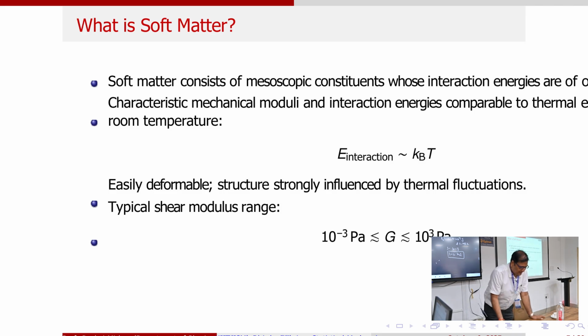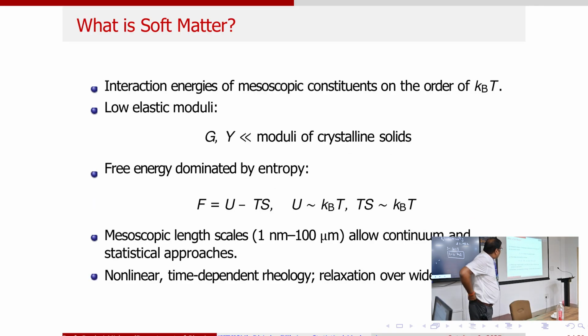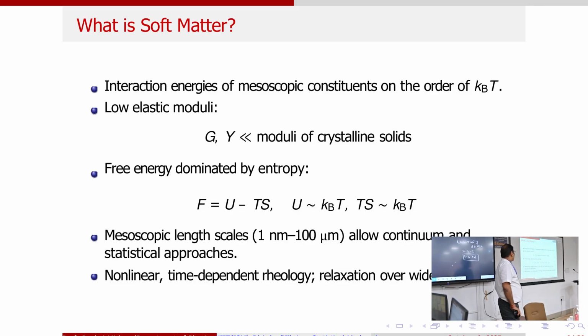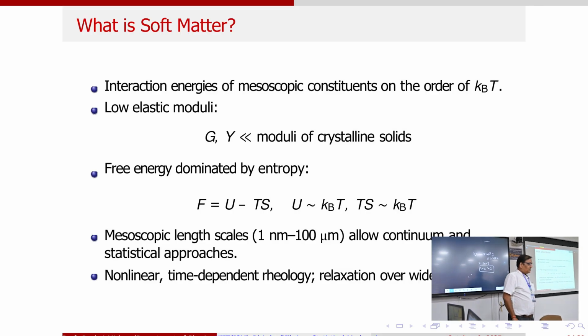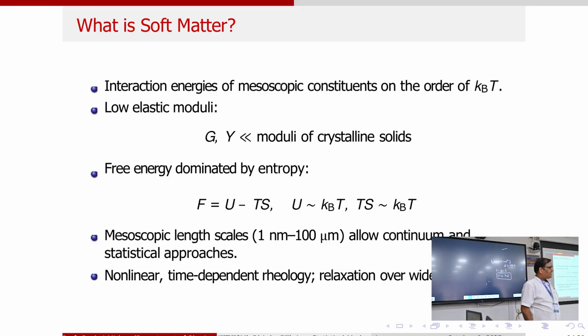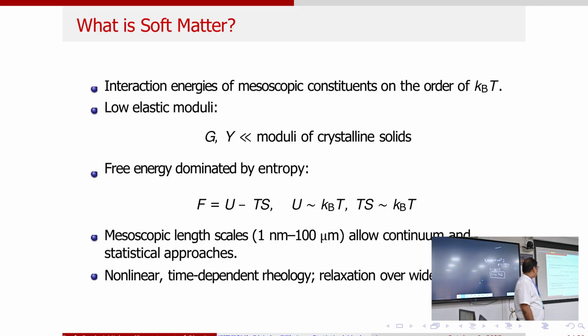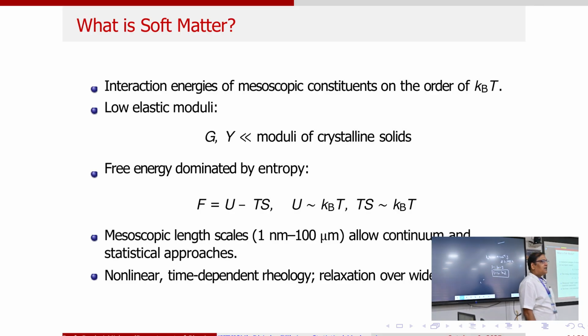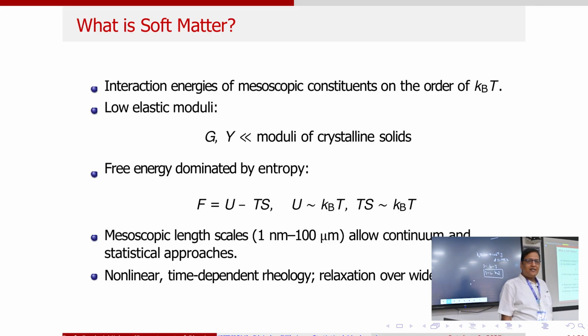This is a broad class of material. Let me move on to the next one. The interaction energies of mesoscopic constituents are of the order of kBT, and the associated shear modulus as well as Young's moduli are much smaller than in a crystalline solid, and therefore the free energy of a soft material is dominated by the entropy.